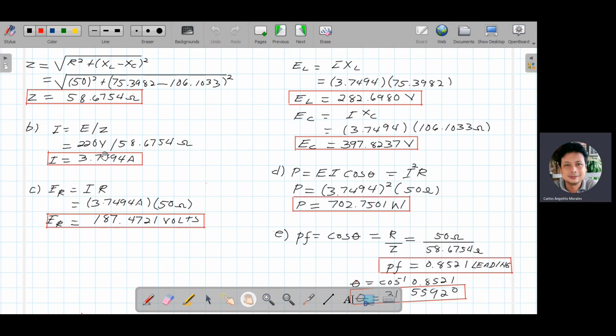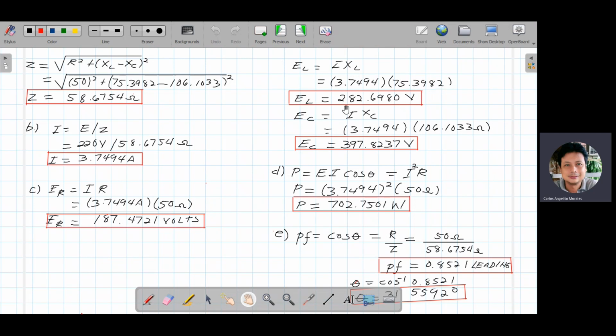Yung current is E over Z. So therefore, 220 volts over 58.6754 ohms, 3.74794 ampere. Yung voltage drop across resistor, makukuha mo na 187.4721 volts. No? Yung inductive voltage, I times XL, 3.7494 times 75.3982.